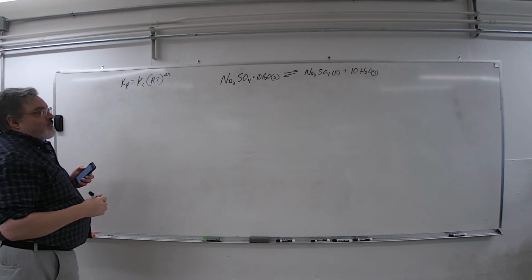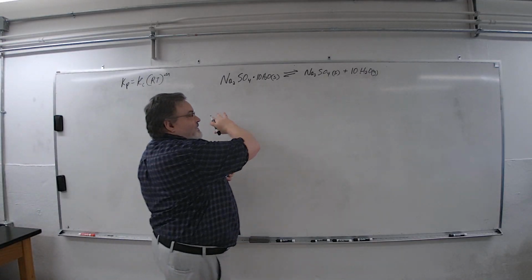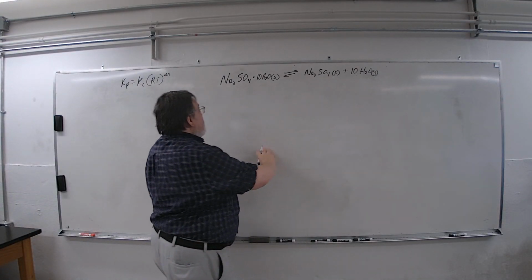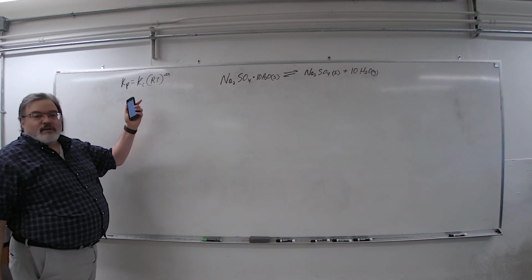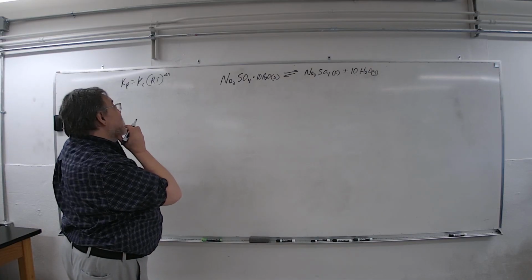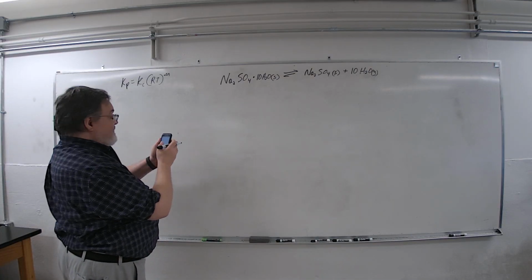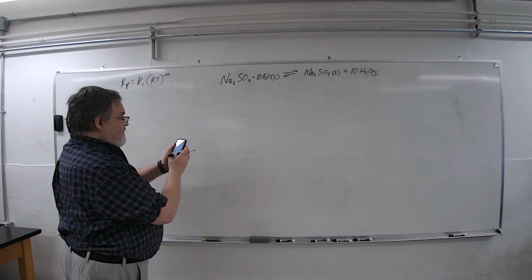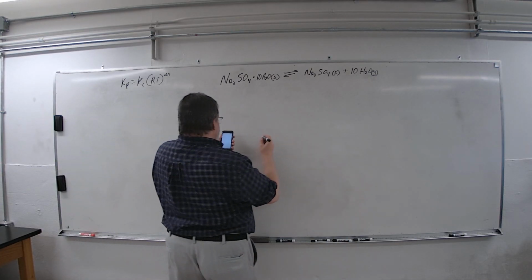I don't know if I've said this before, but if everything is a solid or a liquid and there's no gases, then Kc equals Kp. They just end up the same. Or maybe Kp is undefined. I'm more comfortable saying it's undefined.